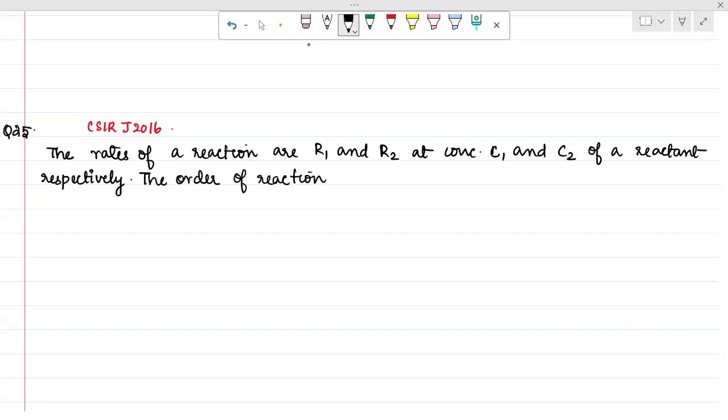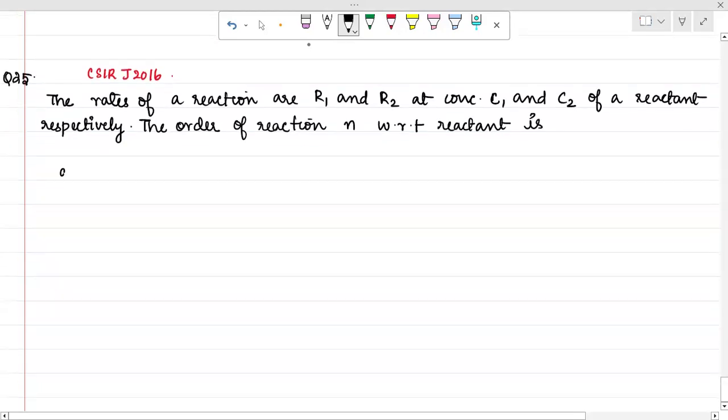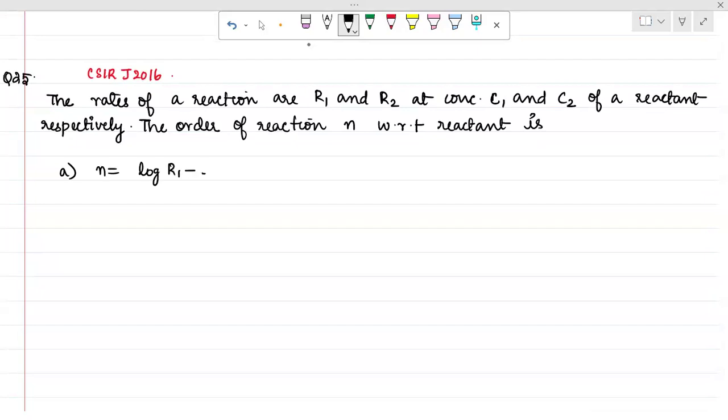with respect to the reactant is. Option A, N is equal to log R1 minus log R2 divided by log C1 minus log C2.